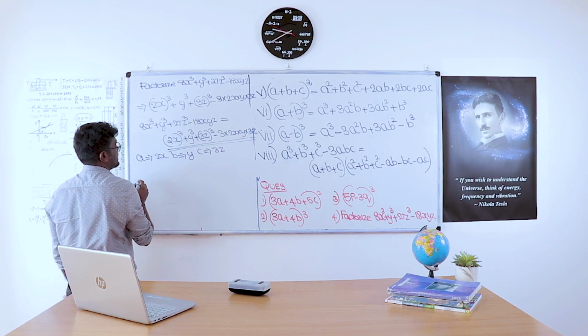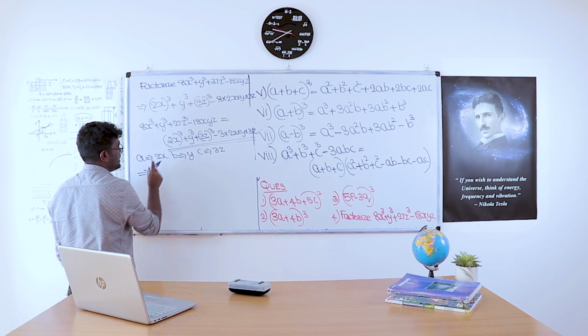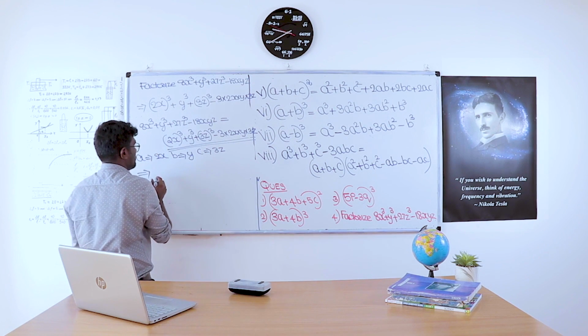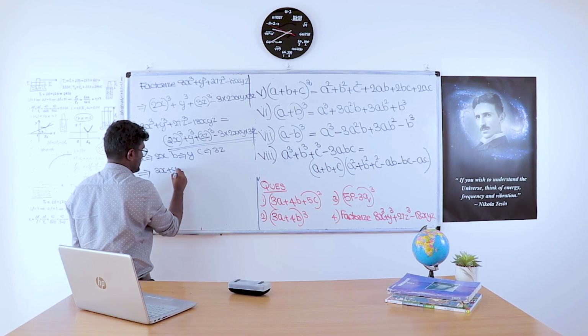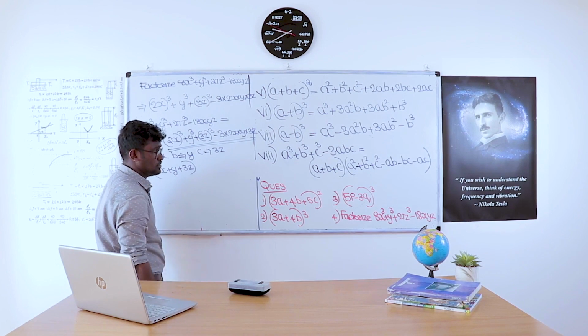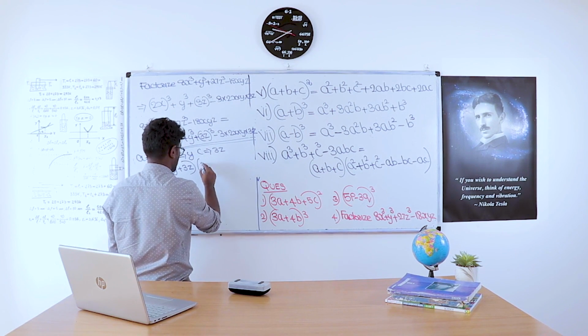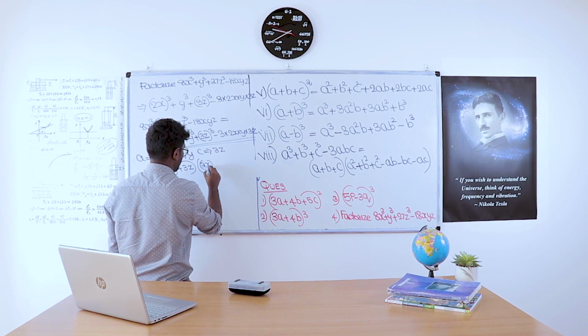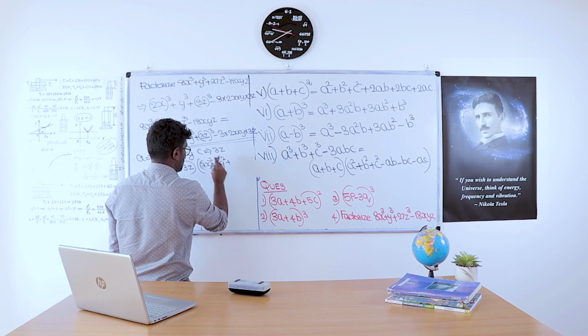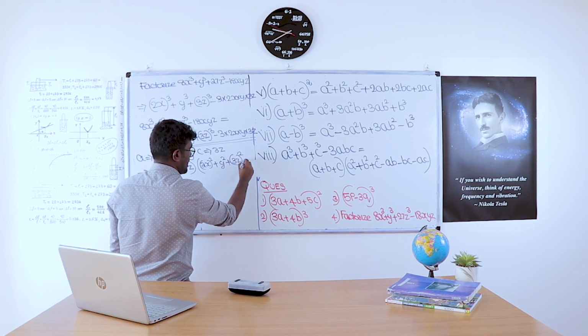So this can be written in the format a plus b plus c, which is 2x plus y plus 3z, into a square plus b square plus c square minus ab minus bc minus ac. What is a square? A square is (2x) the whole square, plus b square, y square, plus c square, (3z) the whole square, minus ab.